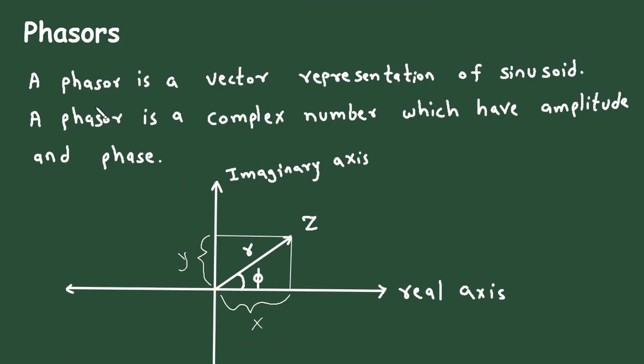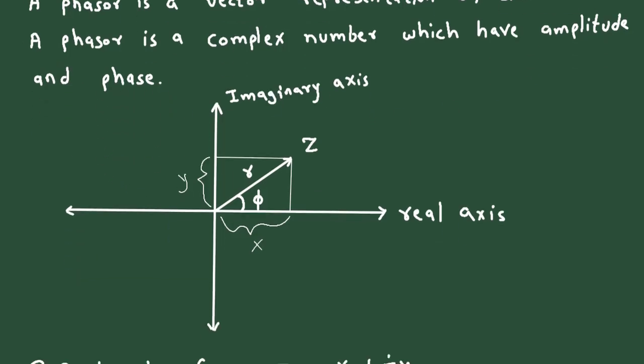Again, let's revise it. A phasor is a vector representation of sinusoid. That means it have both amplitude and phase, or we can say it have both magnitude and direction. Then a phasor is a complex number which have amplitude and phase of a sinusoid. Now here, if we draw this on a graph, this horizontal axis is a real axis, this vertical axis is the imaginary axis, and this line represents a phasor, and this angle is phi, and the amplitude is r.